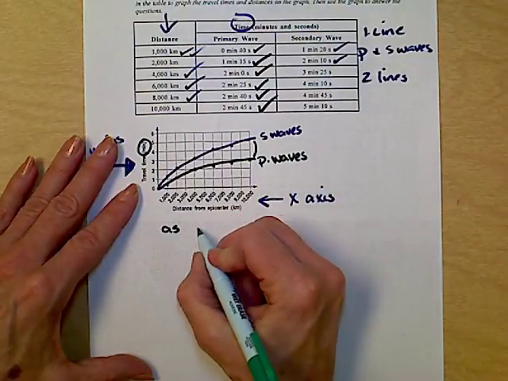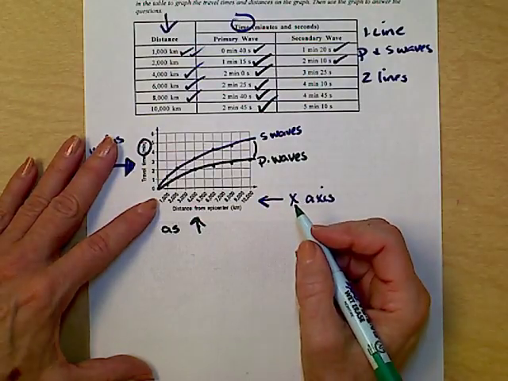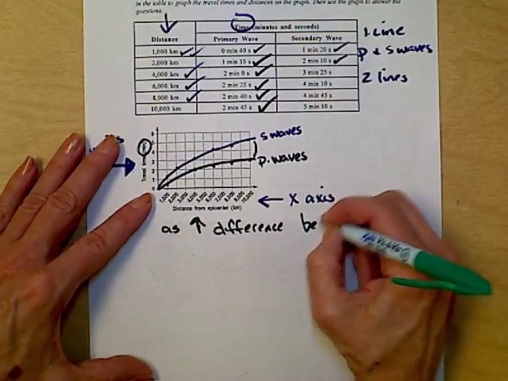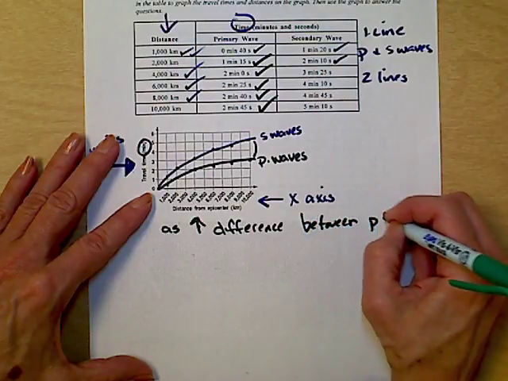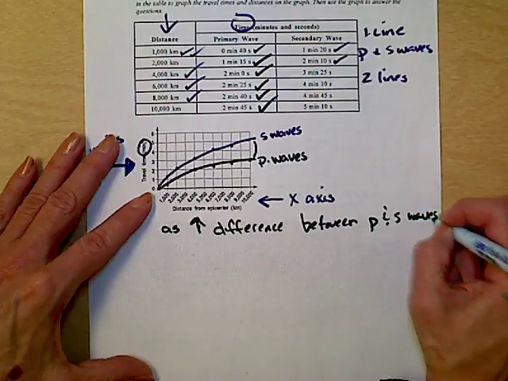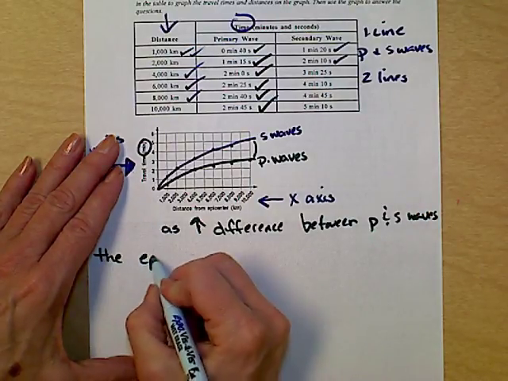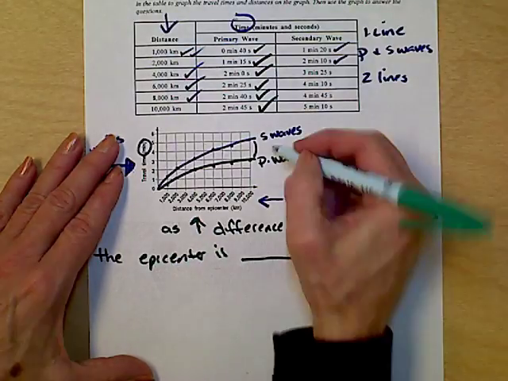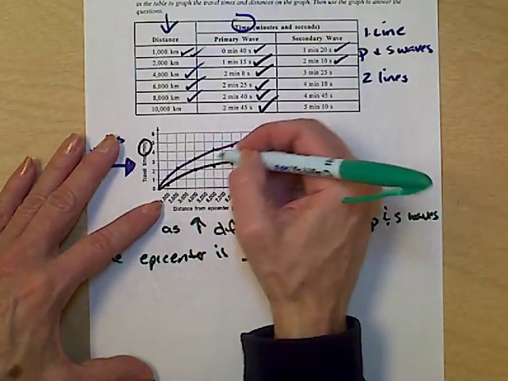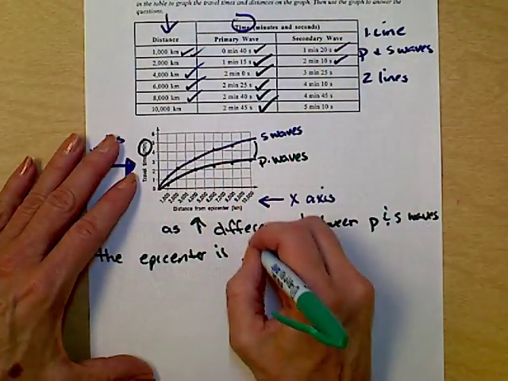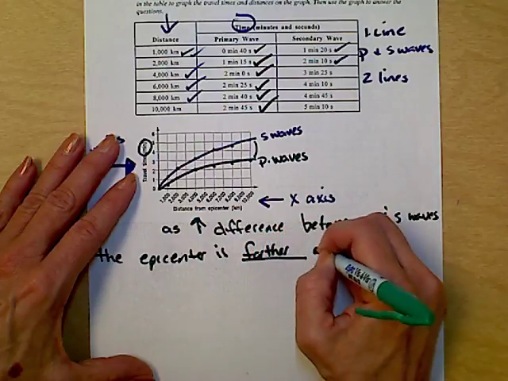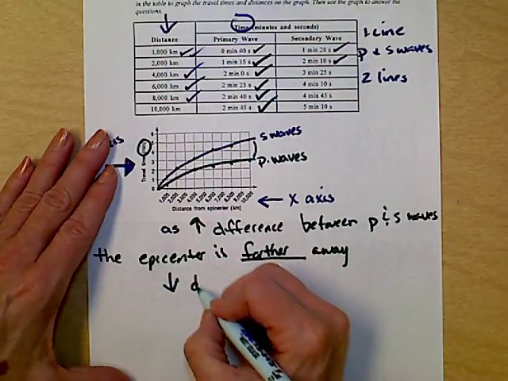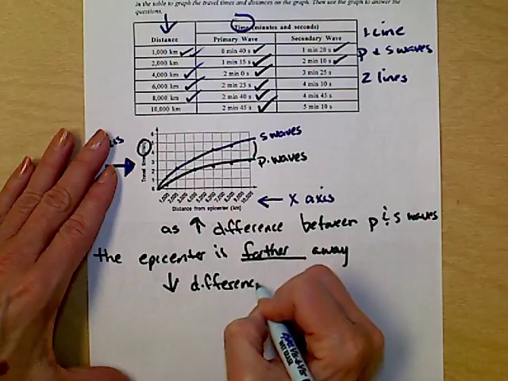So as we increase the difference between the P and S waves, the epicenter is what? This gap increases, my epicenter is further away. So what would you think would happen if you had a decrease in the difference? What do you think will happen?